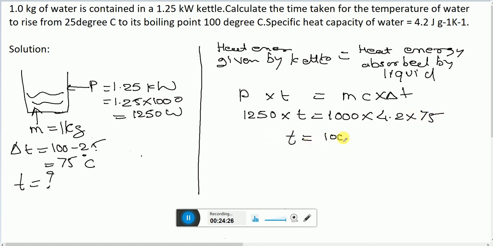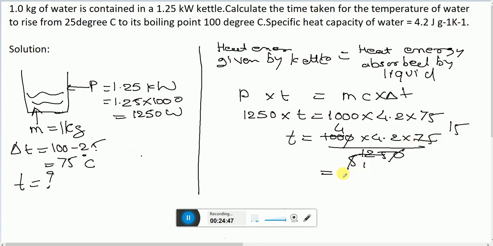On calculating this, this 0 can be cancelled. 4 fives are 20, 5 threes are 15. So I can say it is 4 into 4.2 into 15, which is equal to 252 seconds.